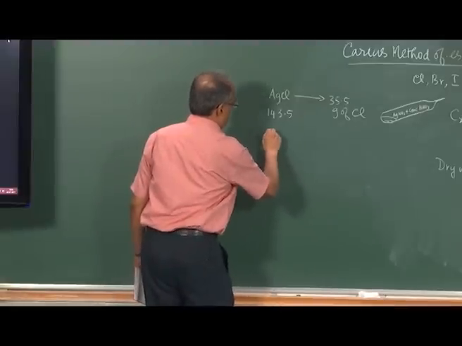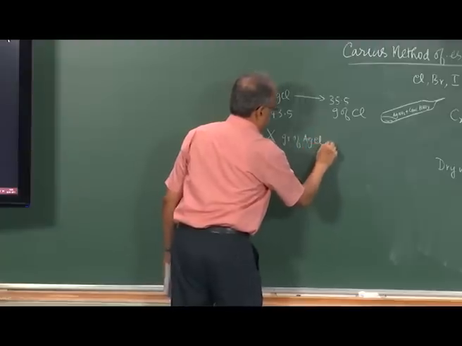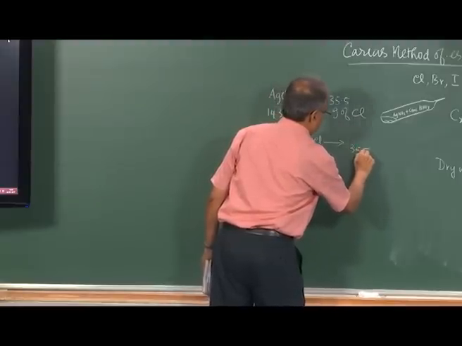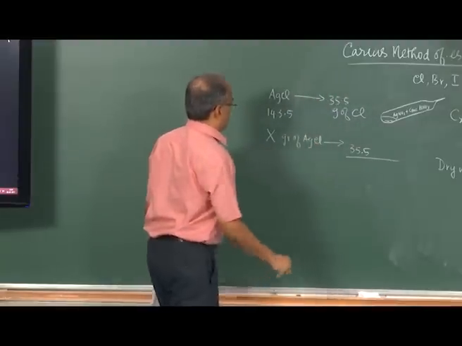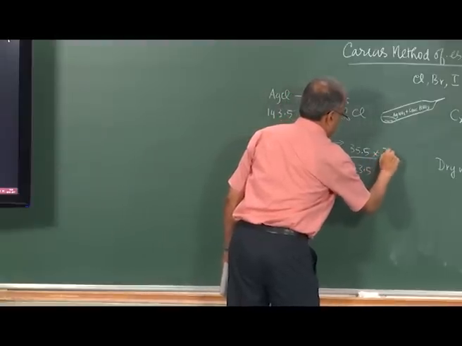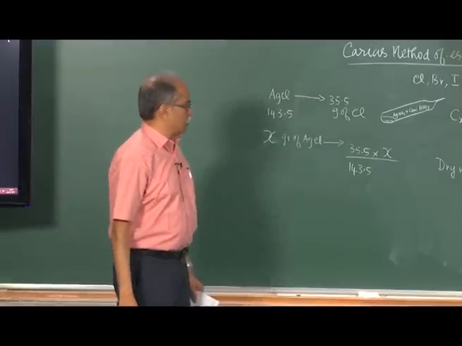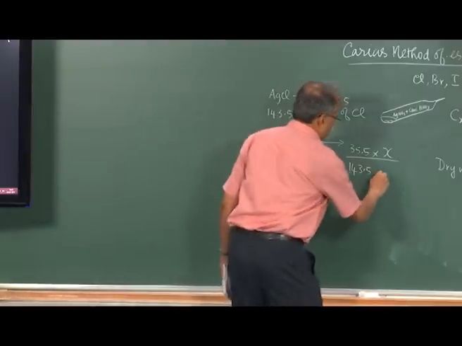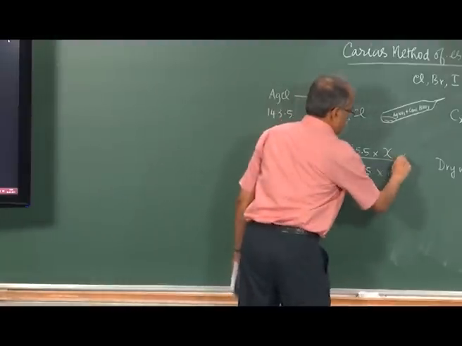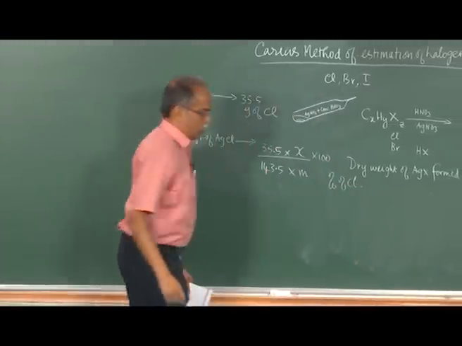So, if X grams of silver chloride is obtained in the Carius method, how much will it be? So, 35.5 grams are from 143.5 grams. Therefore, for X grams, how much of this? This will be from a known amount of the mass of the organic compound, and for 100 grams, how much will it be? This will give the percentage of chlorine in the organic compound.